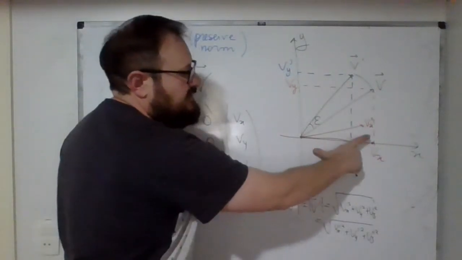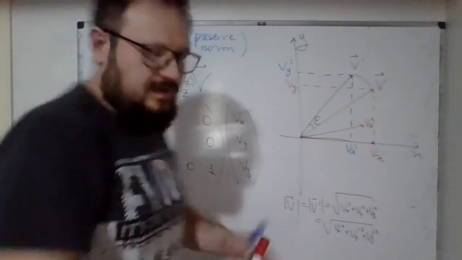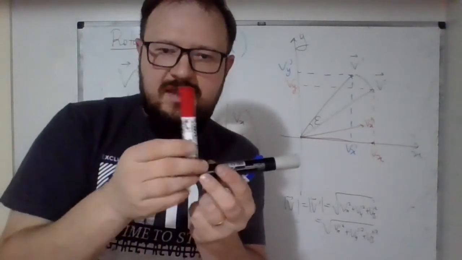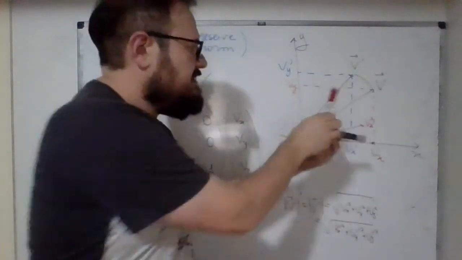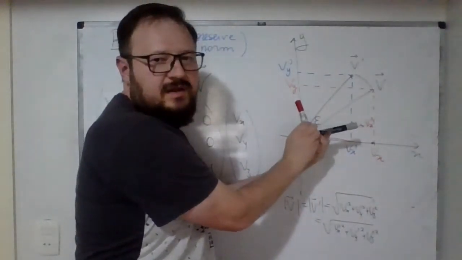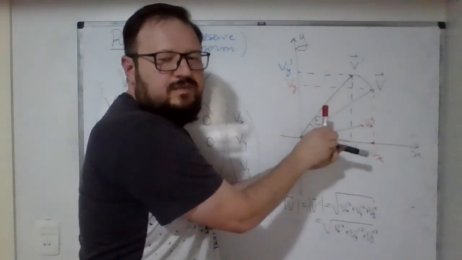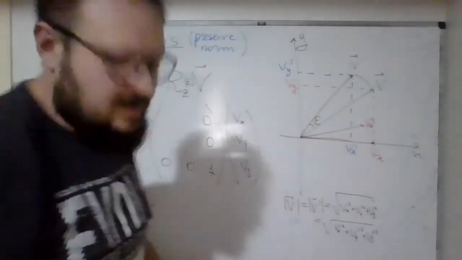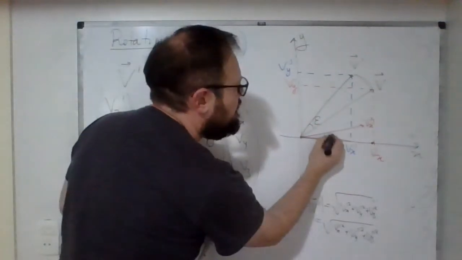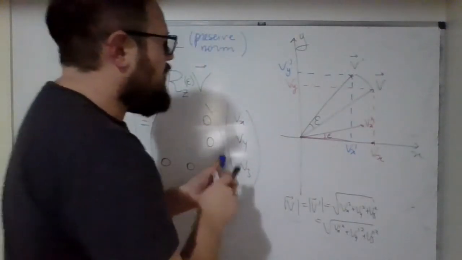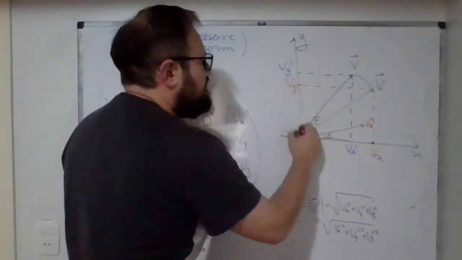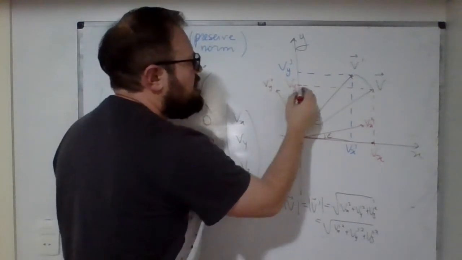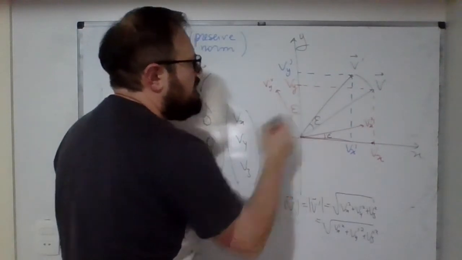And because the vector is just the sum of the two components, the x and the y, if you rotate the vector, you're rotating simultaneously the components by the same angle epsilon. So this is epsilon here, and the Vy component, when you rotate that, it also preserves the length. It will be Vy2 prime here, and this is the same angle epsilon.